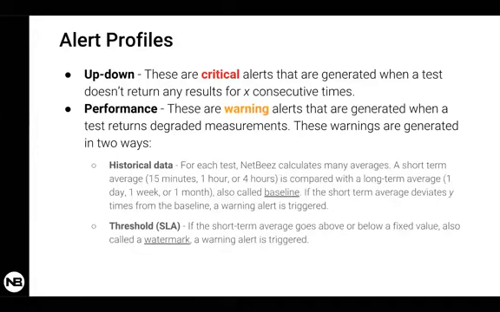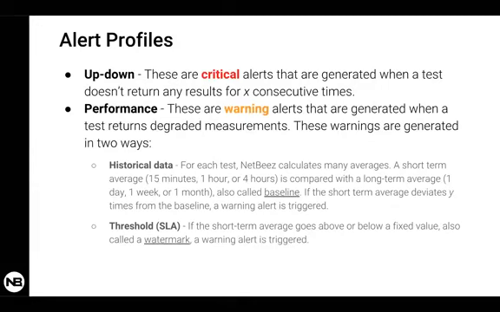In the case of historical data, you have to keep in mind that for each test, the NetBeez dashboard by default generates many averages. So we can detect performance degradation by comparing the short-term average against its long-term average. The short-term average takes the test result for the last 15 minutes, 1 hour, or 4 hours and compares it with the long-term average, also called the baseline.